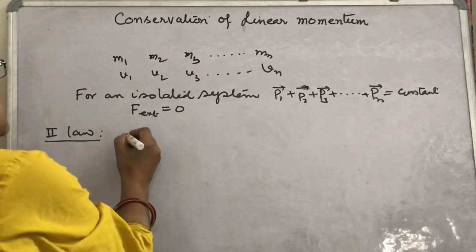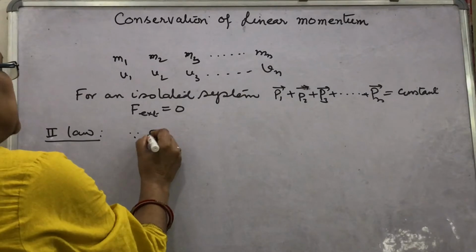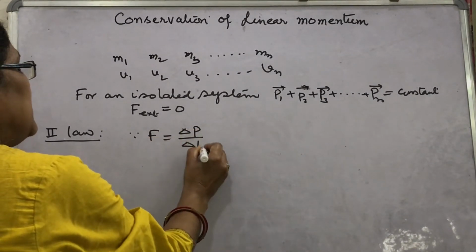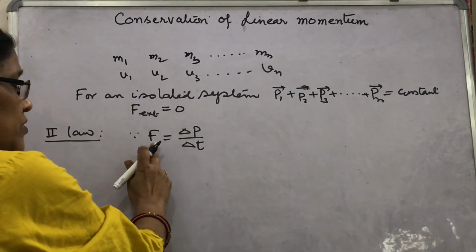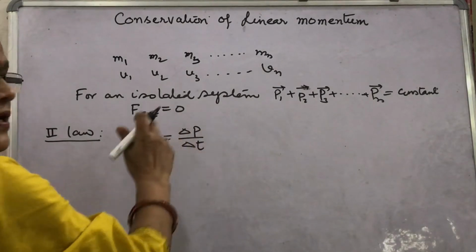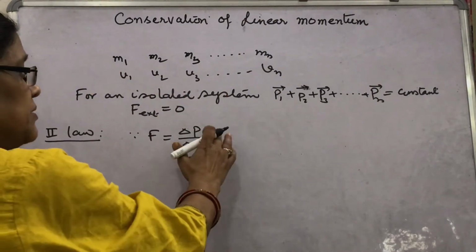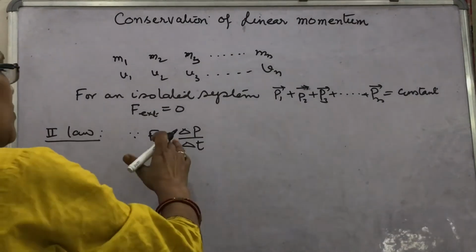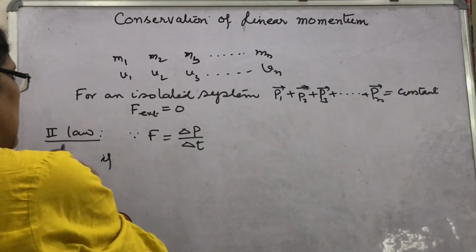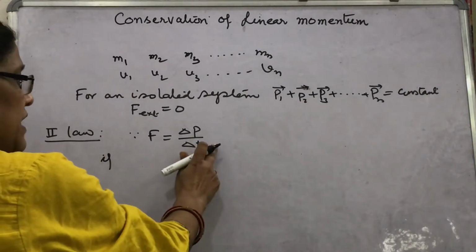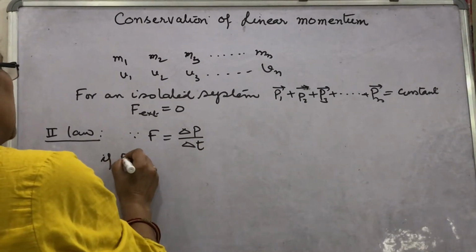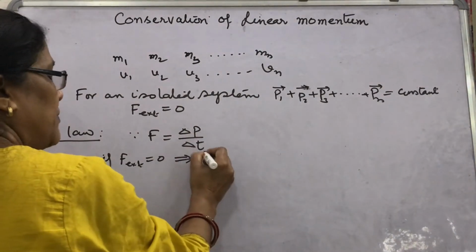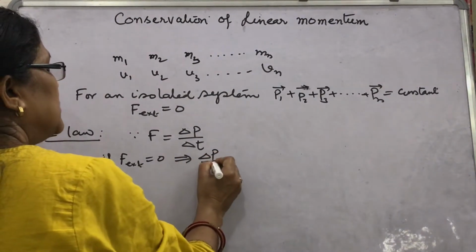As you know, as per the second law, F is delta P upon delta T. Force is the rate of change of momentum. If for a system the net momentum is P, and we start with the second law, then if F external is 0, what does it mean? Delta P upon delta T will also be 0.